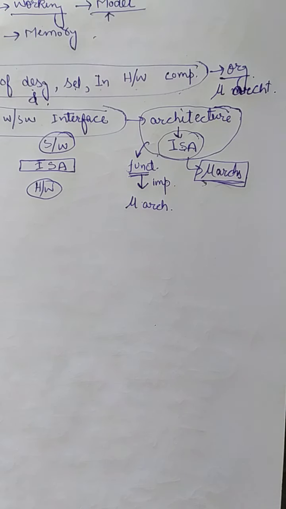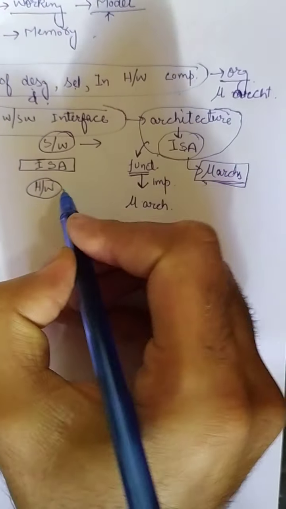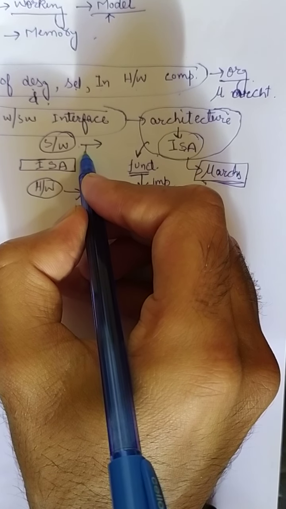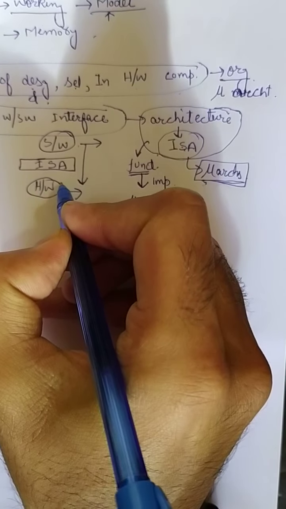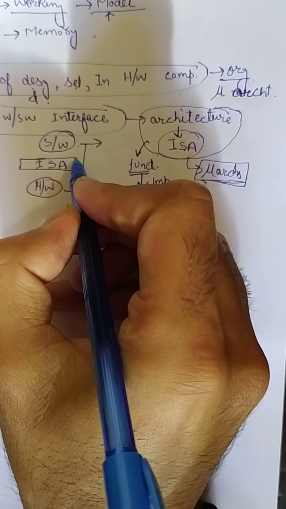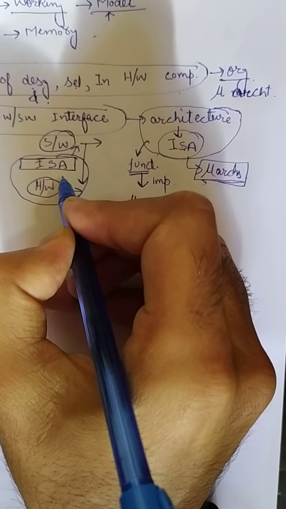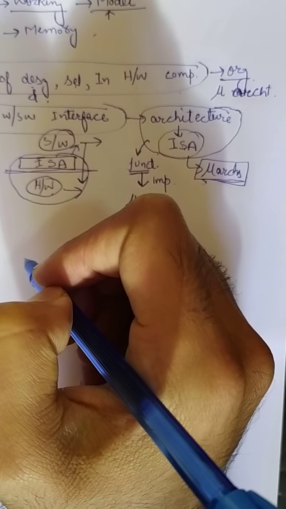We can say architecture is the view of a computer as presented to software designers. The software designer is here, and the hardware is here. The software designer has to run its program on the hardware. So the view of the hardware is presented to the software with the help of an ISA.